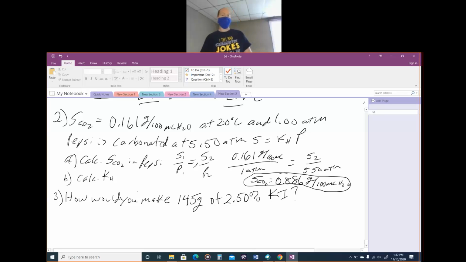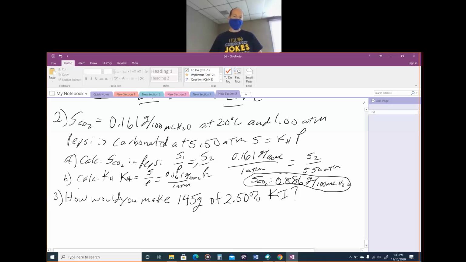And then to calculate Henry's law constant, you simply take K sub H and divide both sides by P, so you get S over P. It doesn't matter which set you take, it's a constant. So you can take your newly formed solubility divided by the 5.5, or the much easier 0.161 grams per 100 mL over 1 atmosphere.